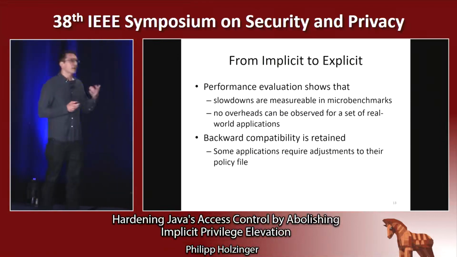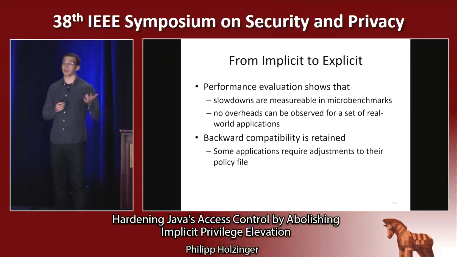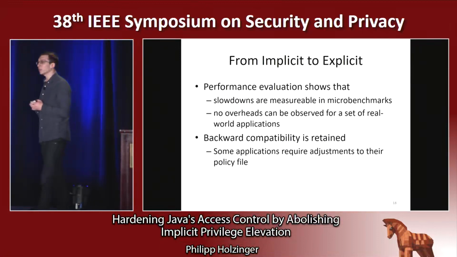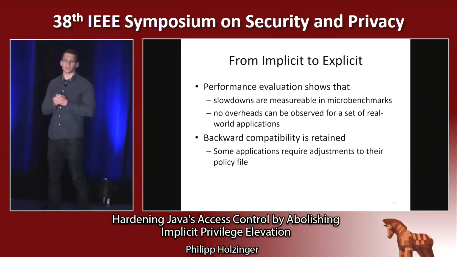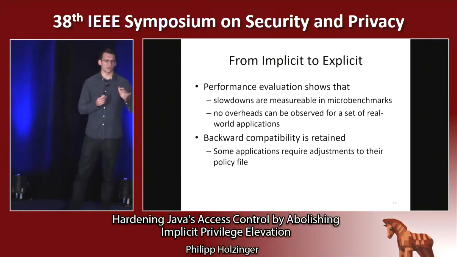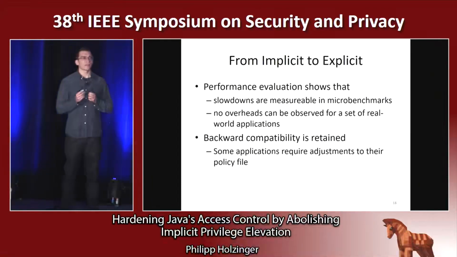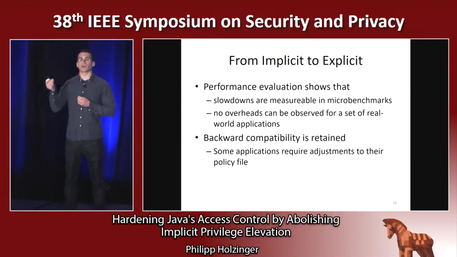Now, we evaluated our implementation first in terms of performance, because as I explained before, these shortcuts were presumably introduced in the first place to speed up program execution. We implemented micro-benchmarks executing every method that we modified, I think 115 million times. And we found that the methods that we modified actually had a slowdown of a few microseconds.